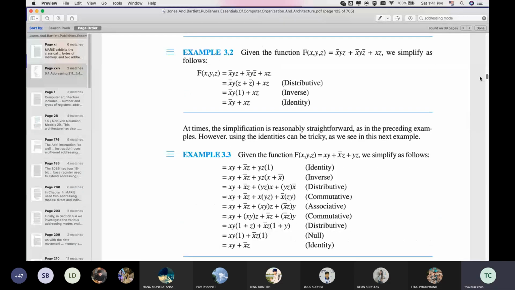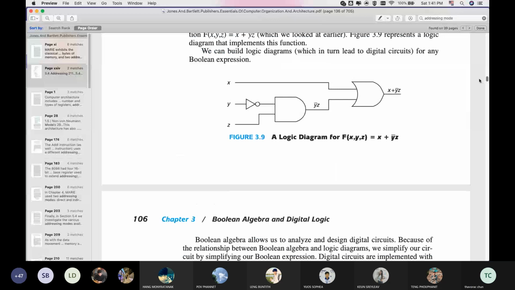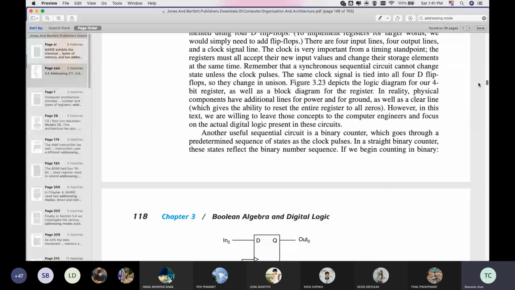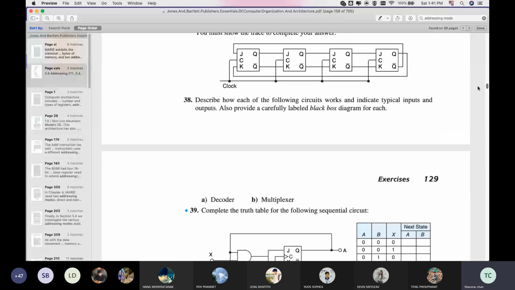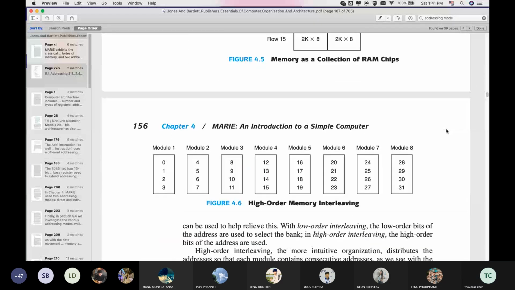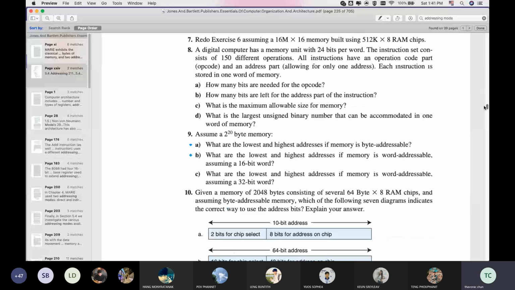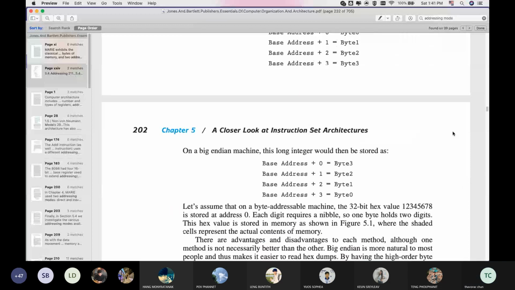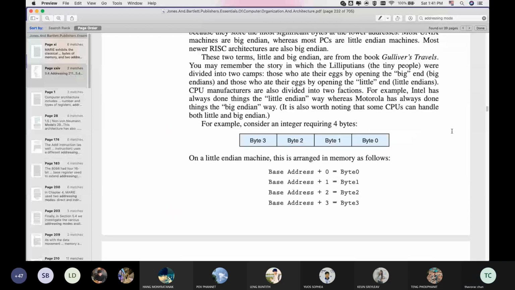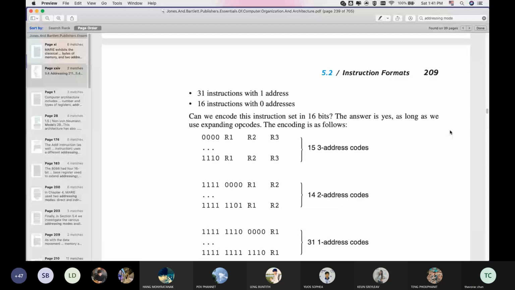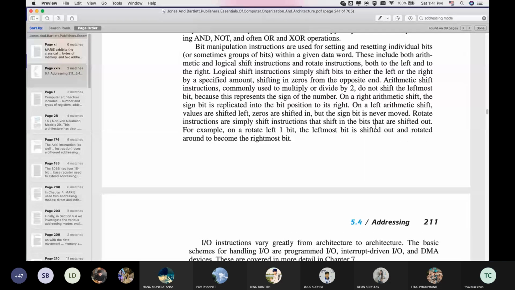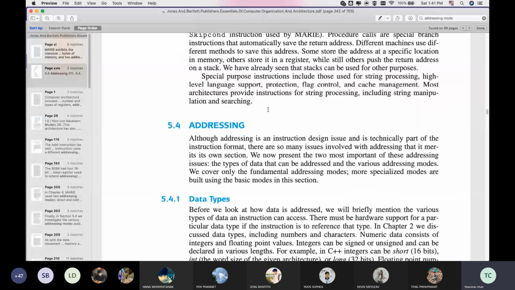So just go through the ebook together. We are going to practice a bit about the addressing mode. Here's page 212. Yes, here.